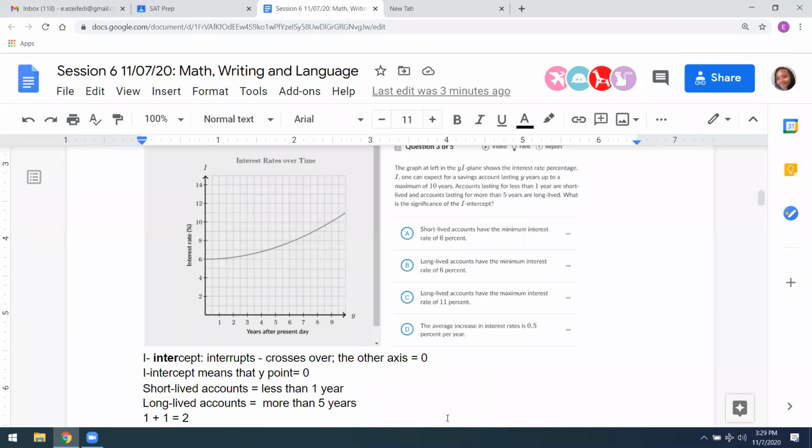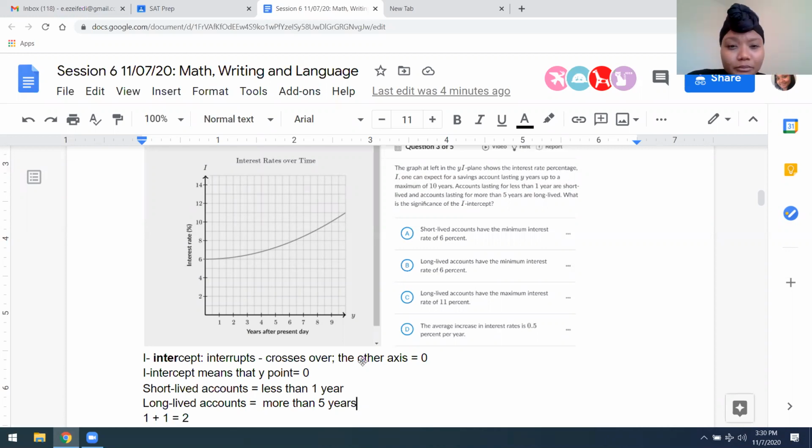And then where it says short-lived accounts and then long-lived accounts, I seen at 6 the little line off of it doesn't go up to like 9. It looks like it kind of stops around 4. Is that what you said, on the years after present day?